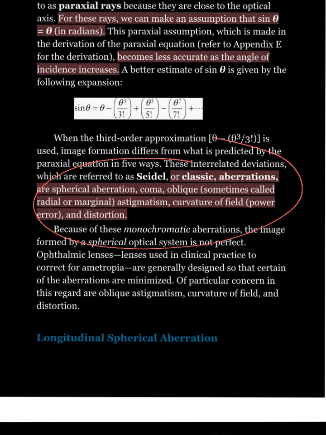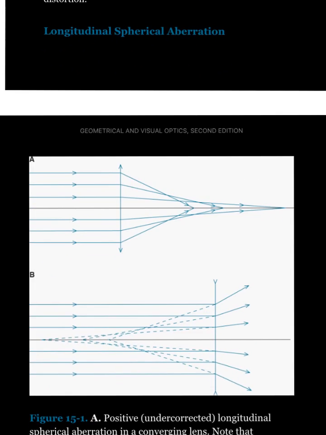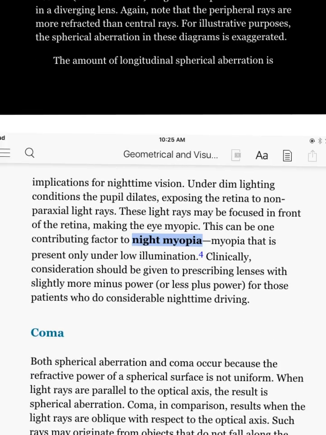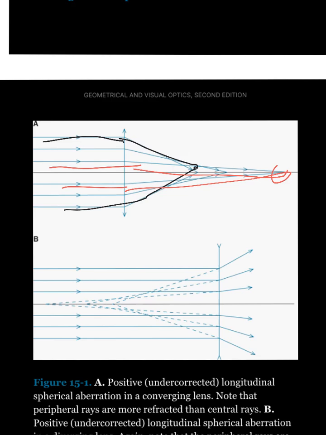The reason is that in spherical aberration, the peripheral rays refract more than the paraxial rays, the central rays you see here, and because of that you can develop night myopia. This is from the same book. Night myopia from spherical aberration occurs because at night the pupil dilates, exposing the retina to the peripheral rays. So when the pupil dilates, the retina gets exposed to these rays.